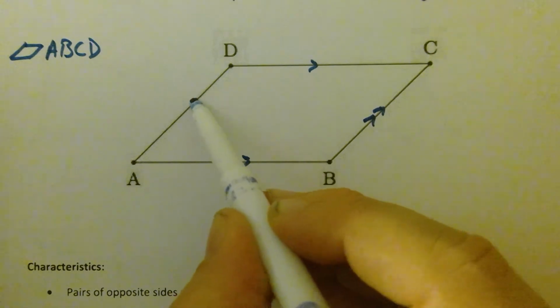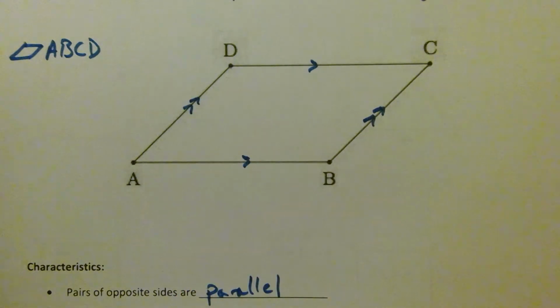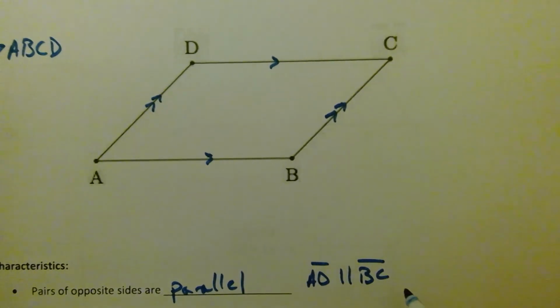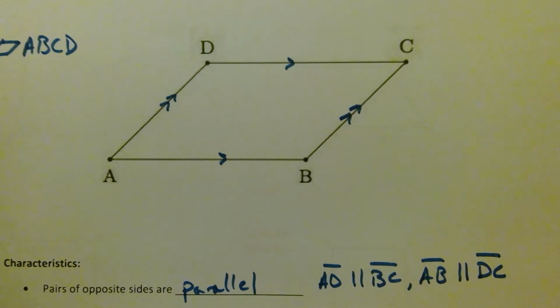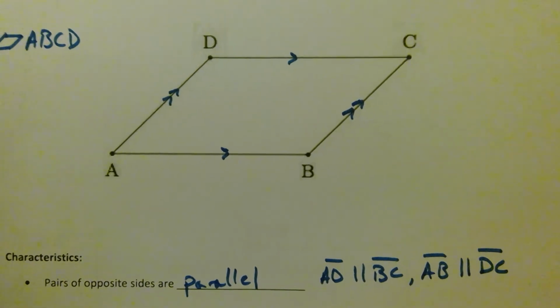It's parallel to DA, which is on the left. Okay. So we can make those statements then that AD is parallel to BC, and then also that AB is parallel to DC. Okay. So opposite sides are parallel.